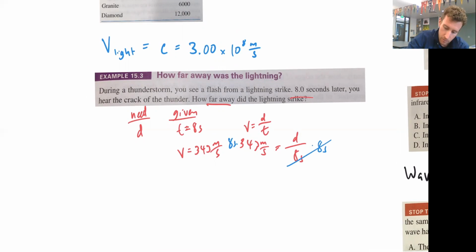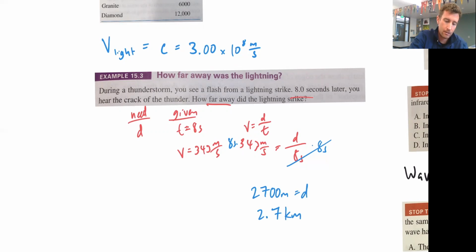And then I end up with a distance of 343 times 8, which is about 2,700 meters. Technically, it's 2,744. So that'd be about 2.7 kilometers.